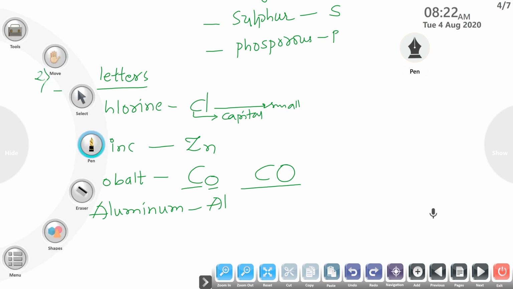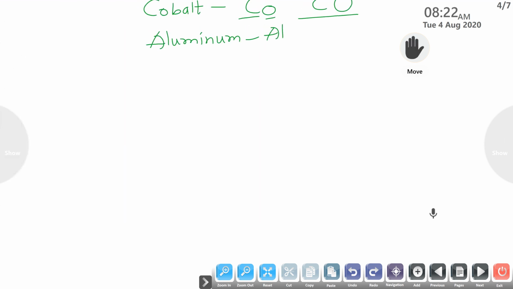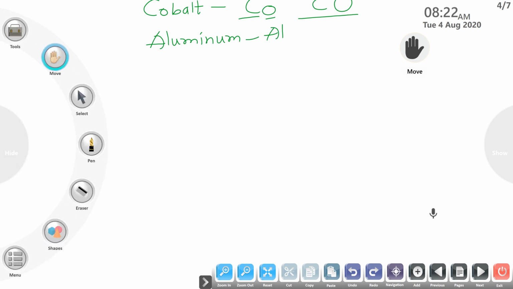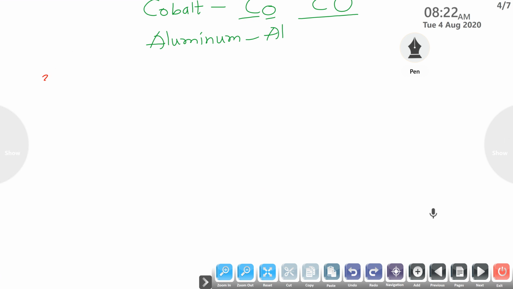Now we will move towards the third way. In the third method, some of the symbols are taken from Latin, Greek, or from the German language.